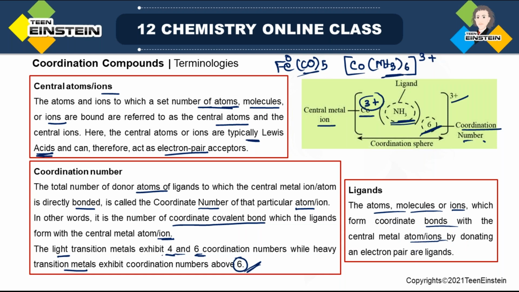So if the central metal atom is behaving as Lewis acid, obviously ligands are behaving as Lewis base. Lewis base definition is electron pair donor. As if coordination compounds are Lewis acid Lewis base interactions. That we can say for this type of compounds. Okay.